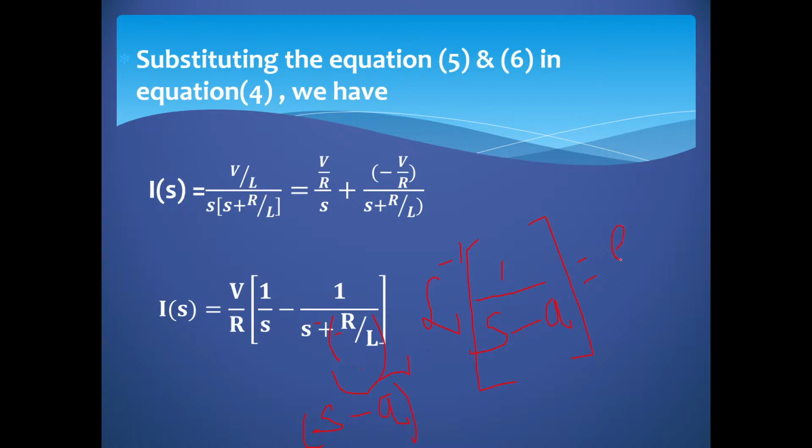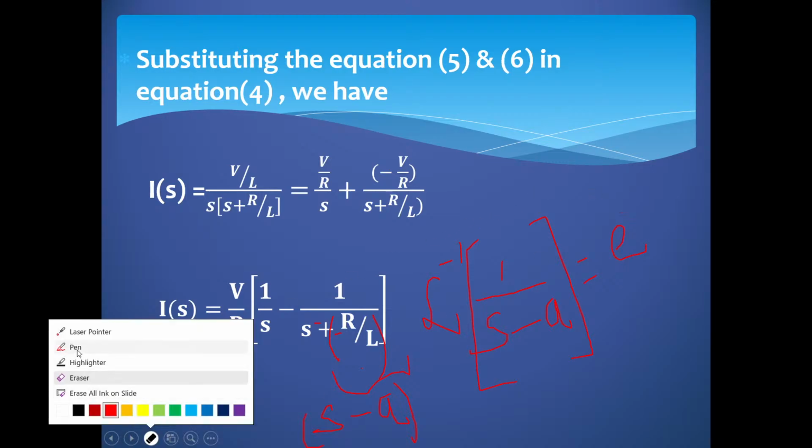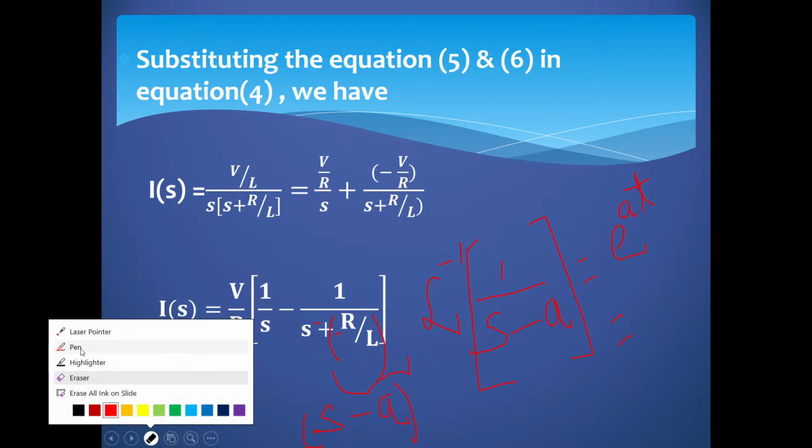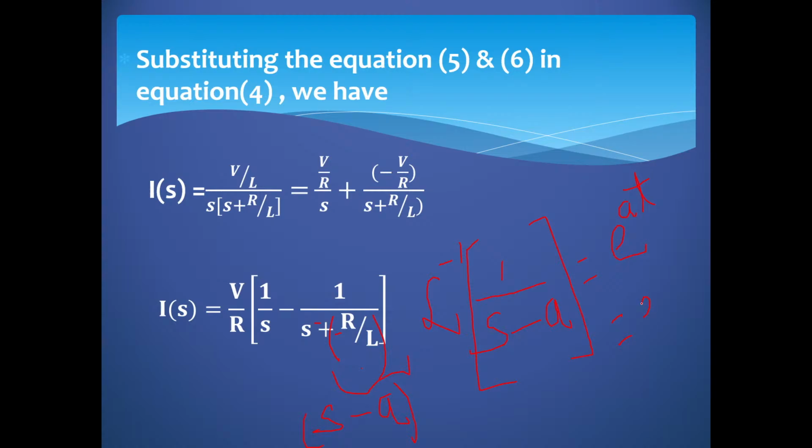E power at. What is A? A value is minus R by L. So you will get e power minus R by L.